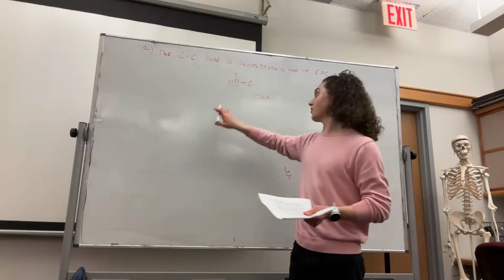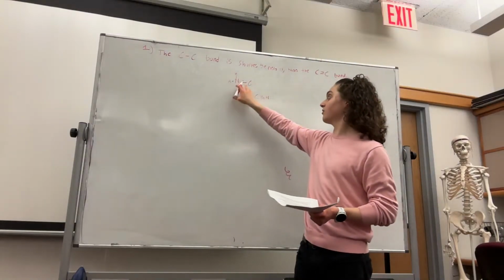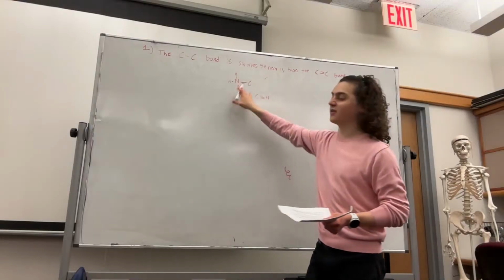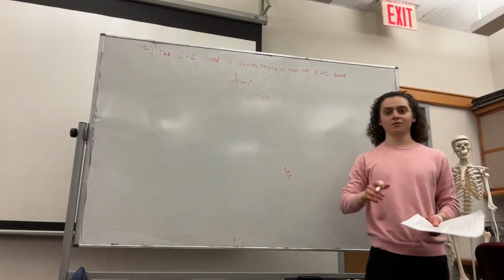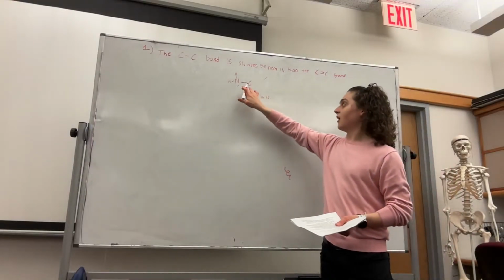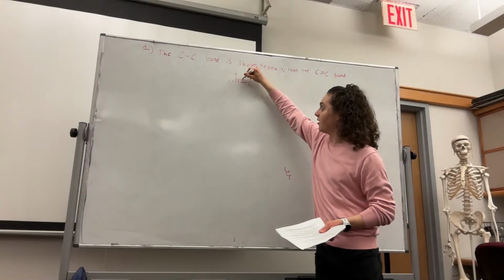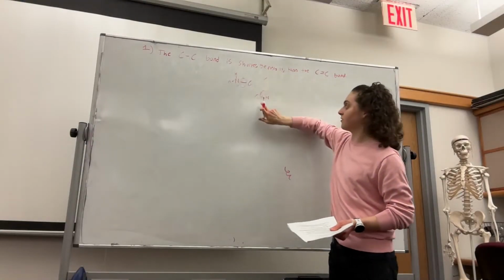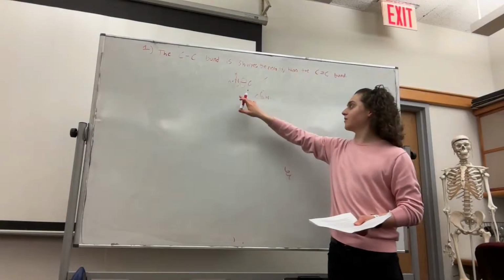Let's say these were two parts of a molecule for which they gave you the Lewis structure, which we're going to do later. And they asked, how long is this bond versus this bond? This is a single bond.